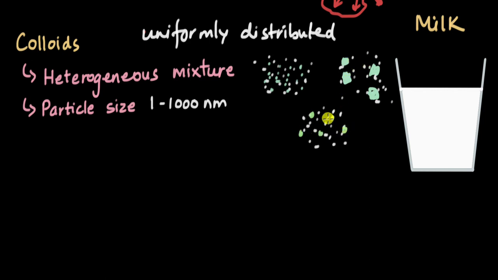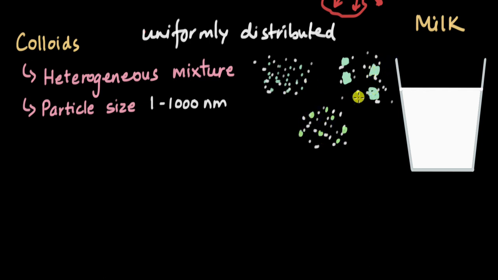These are still very tiny blobs or clumps of particles, but they are not entirely dissolved in the solvent, right? For something to be dissolved, individual ions or particles need to take up the space in between the solvent particles. That is not the case with colloids. Neither is that the case with suspensions.